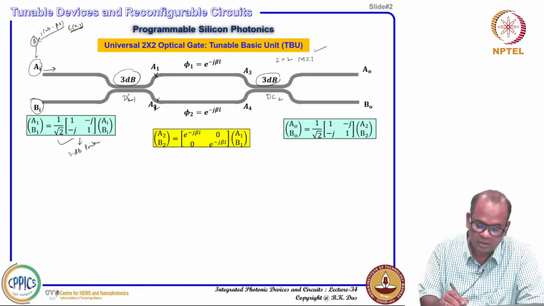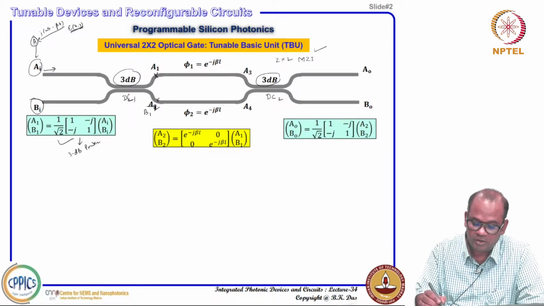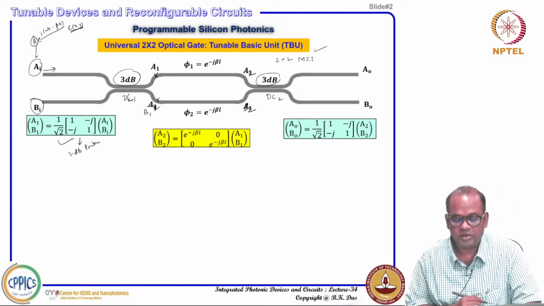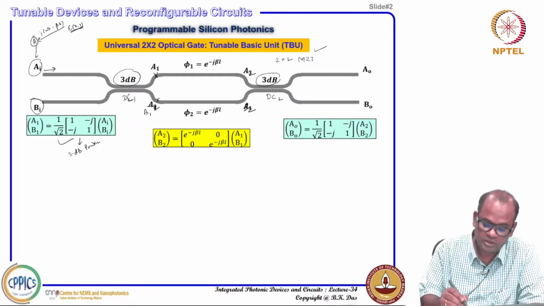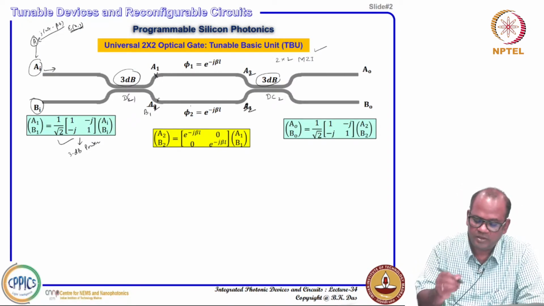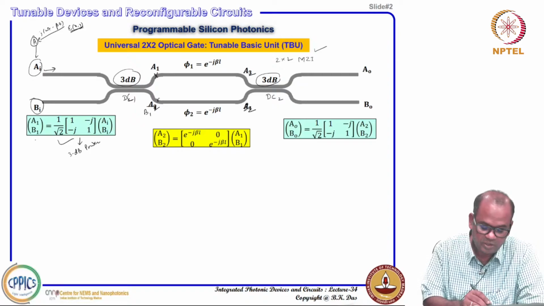Instead of that, I think it is better to represent A_1 B_1, and this should be A_2 B_2. That way it is better to explain. This is A_1 B_1 A_2 B_2, anything you can give, but in this expression, what you see is related to A_I to A_1 B_1.